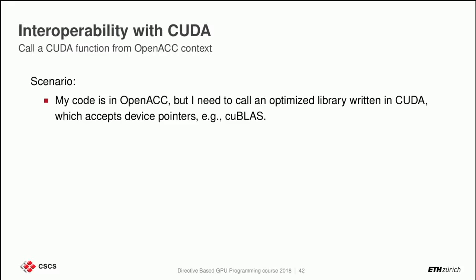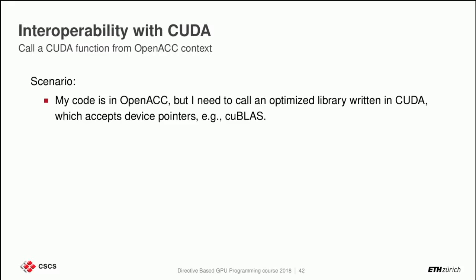So you have to pass them a pointer, having done your allocations, etc. Another scenario is that I write my code in OpenACC, but I have a kernel that I want to optimize in CUDA because for whatever reason I'm not getting the maximum performance, and it's quite performance critical for me. So I write it in CUDA, but I need a CUDA pointer.